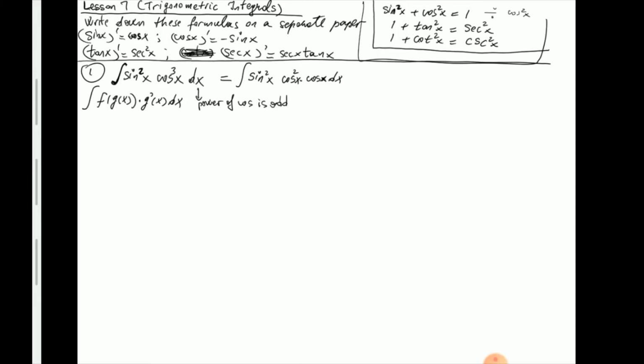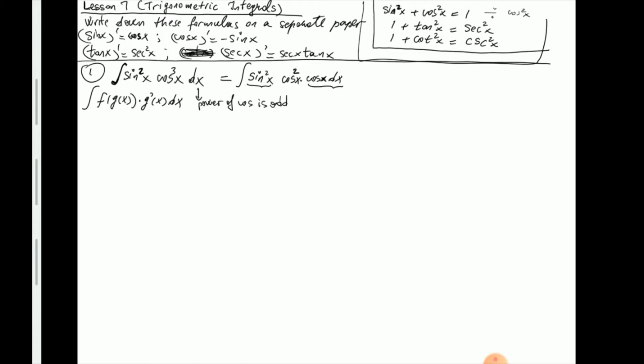I call this saving a cosine factor separately, and then of course writing the remaining power that was there. Obviously, if it was cosine to the fifth, for instance, then you would say cosine fourth x times cosine of x. So let's save this cosine of x dx. And now you should think about the u substitution for sine of x.